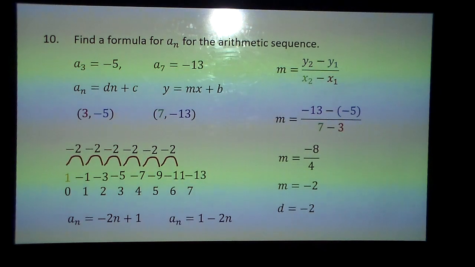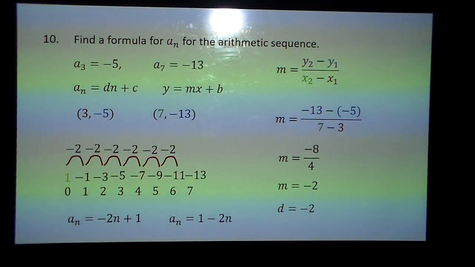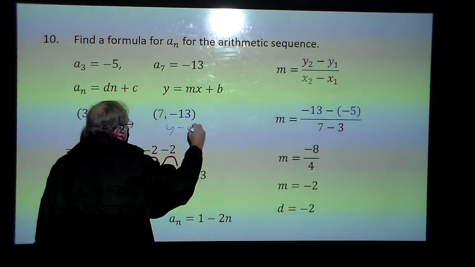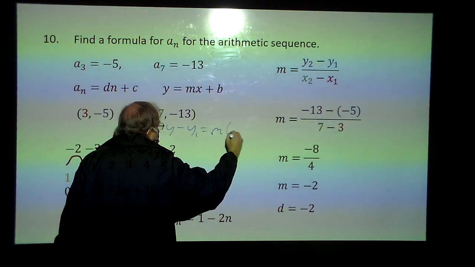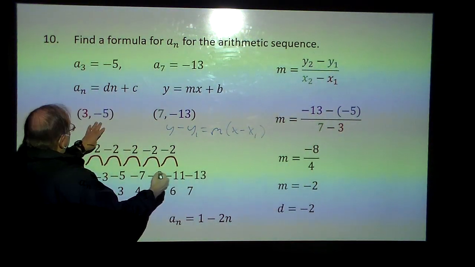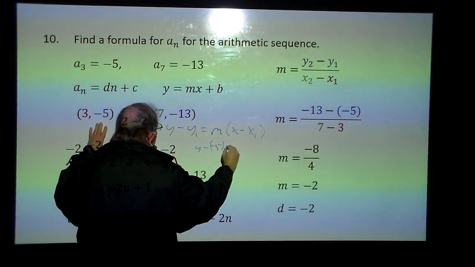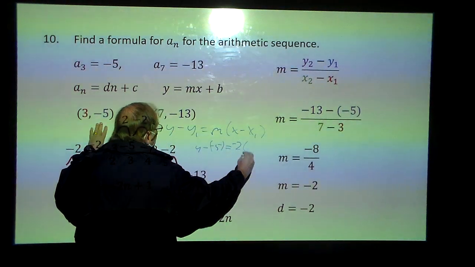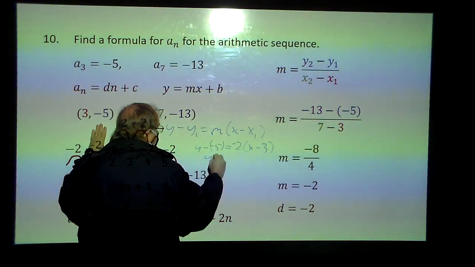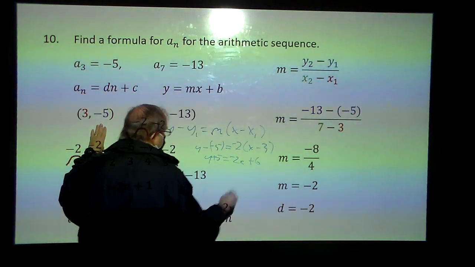You also could do, if you remember right back to your math days, think of these as points, and you can use the formula y minus y sub 1 equals m times x minus x sub 1, which means if you were to do this here, it would be y minus -5 equals your slope times your x minus 3, which is the same as y plus 5 equals -2x plus 6.